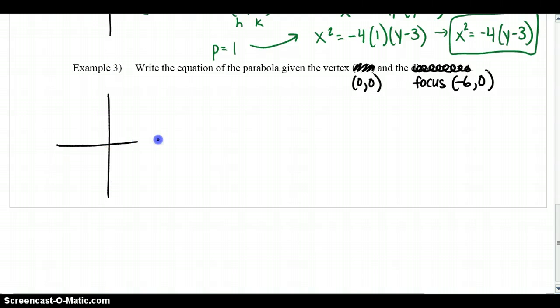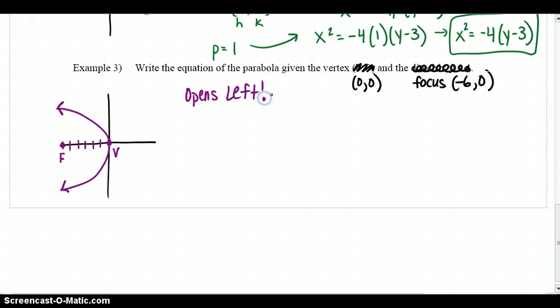So once again, I'm going to draw a quick little sketch. Help me out. My vertex will be at (0, 0). And my focus, 1, 2, 3, 4, 5, 6, will be at (negative 6, 0). The focus has to be inside my parabola, so this is going to have to open to the left.